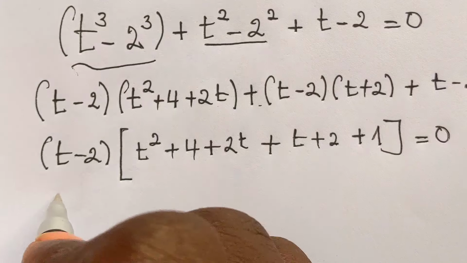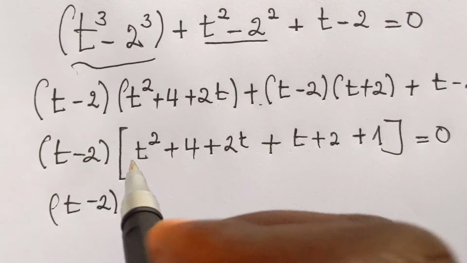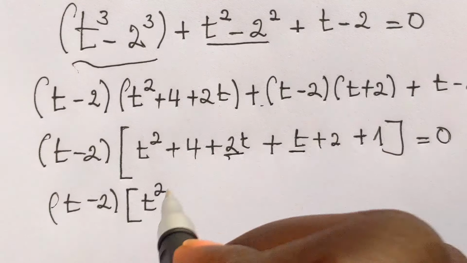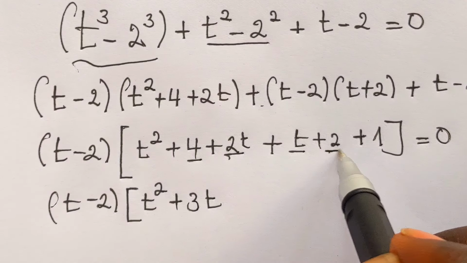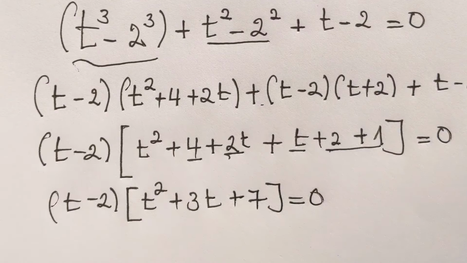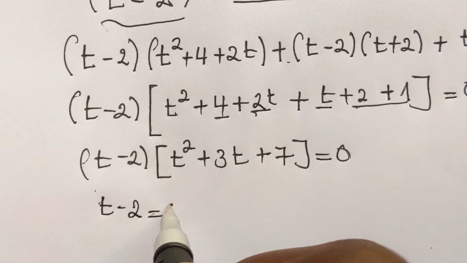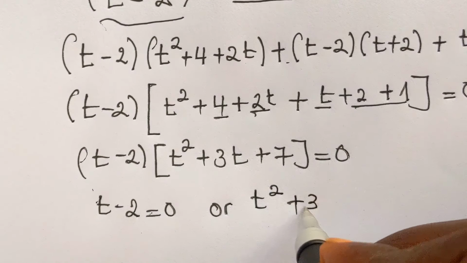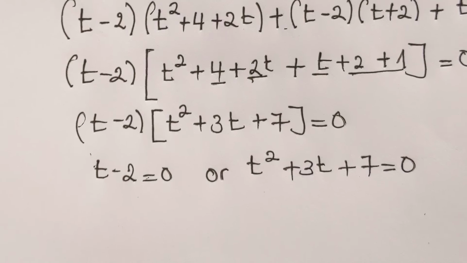And of course t minus 2 times open bracket of t squared, you have 2t plus t which is 3t, and you have 4 plus 2 plus 1, which is 7, equals 0. So we have t minus 2 equals 0, or t squared plus 3t plus 7 is equal to 0.